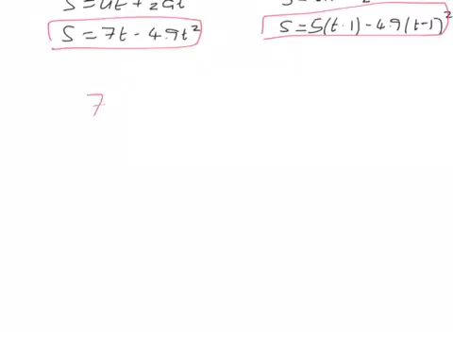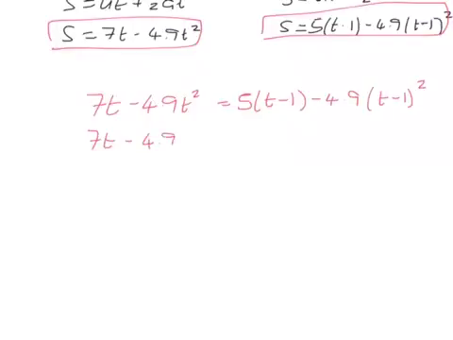So if we go ahead then and set these two expressions equal, we will have 7t minus 4.9t squared is equal to 5 times (t minus 1) minus 4.9 times (t minus 1) squared. So we'll have 7t minus the 4.9t squared is equal to 5t minus 5 minus 4.9 multiplied by t squared minus 2t plus 1.